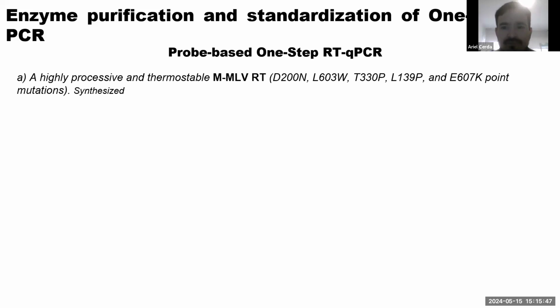To create an open-source master mix for probe-based one-step RT-qPCR, we expressed and purified specific recombinant enzymes. We use Moloney murine leukemia virus reverse transcriptase, or MMLV reverse transcriptase, for generating the cDNA.